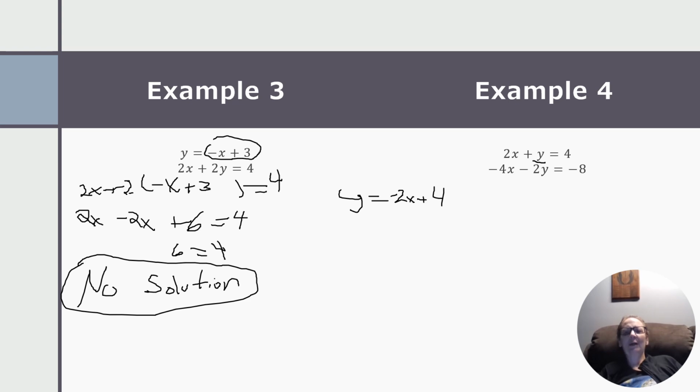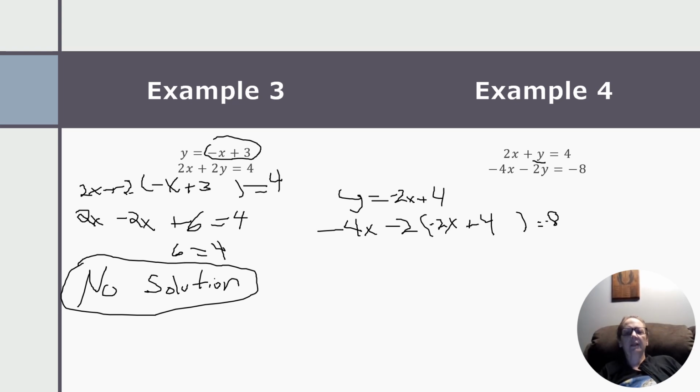Okay, so now we're going to take that value and we're going to plug it into the second equation. So we have negative 4x minus 2 times y, which we'll put in parentheses, equals negative 8. So we have negative 2x plus 4 in here.